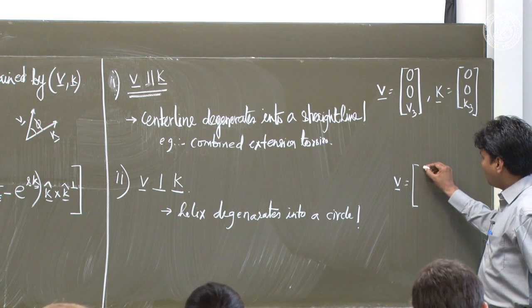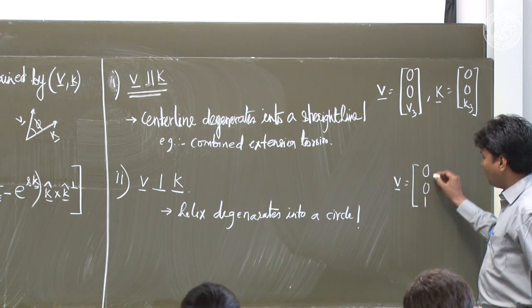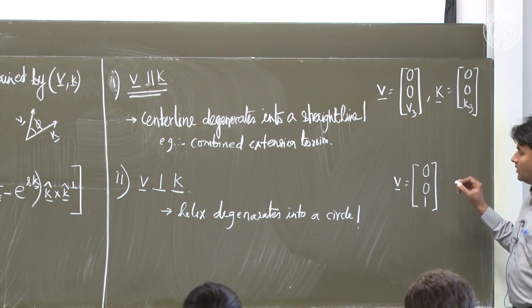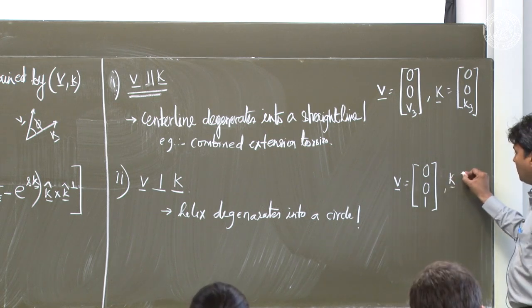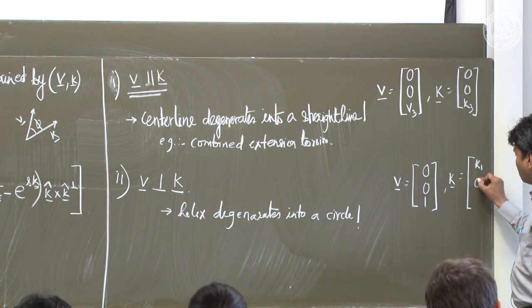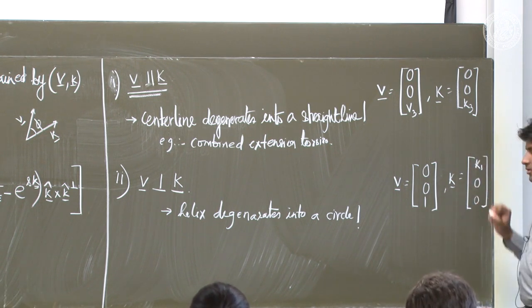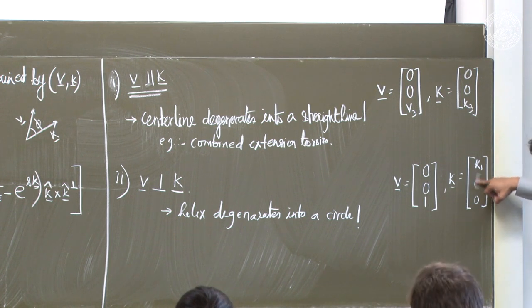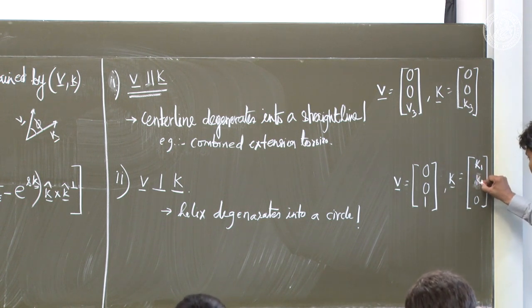So V is 0, 0, 1, pure bending, no shear, no stretch, whereas K could be K1, 0, 0, right? Or you could also have K1, K2 together, still V and K are perpendicular to each other.